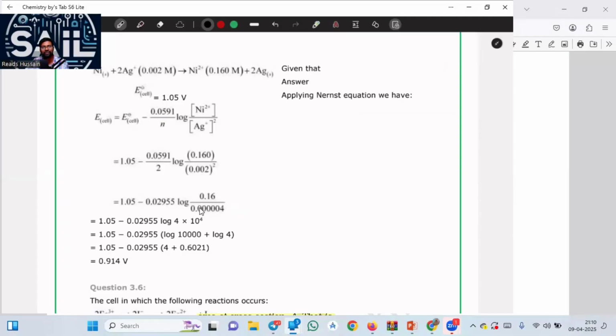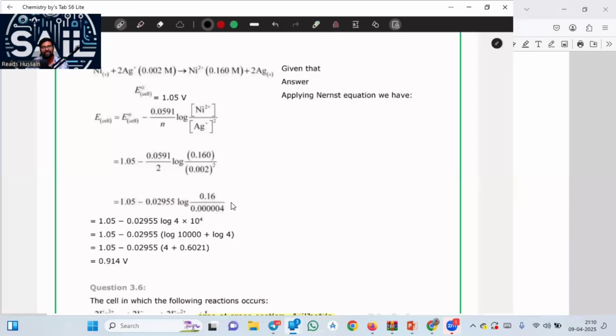And here you get 0.16, it appears as 16. Here it appears as 4. So finally this becomes 10 power 4, log.